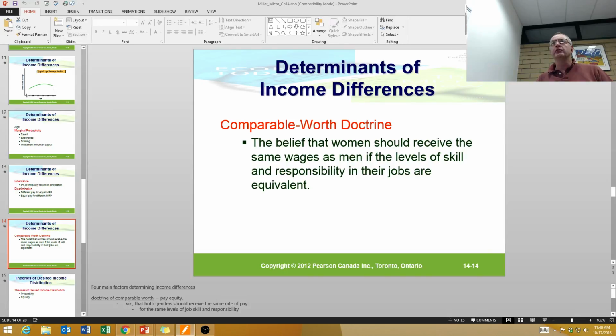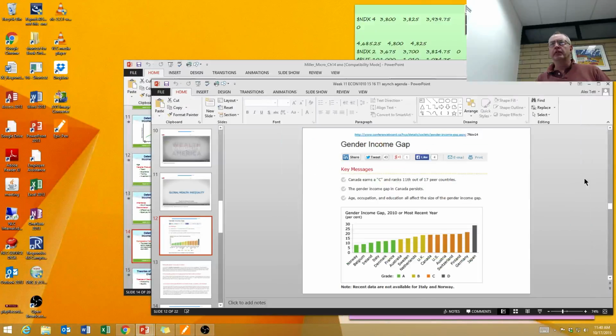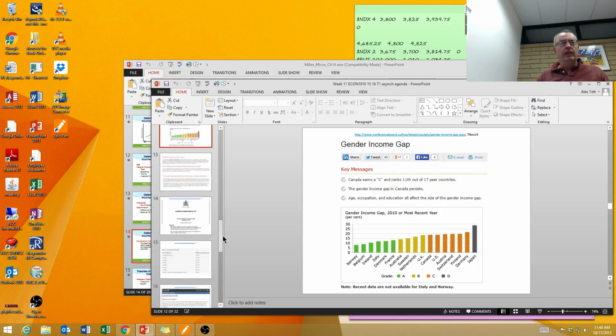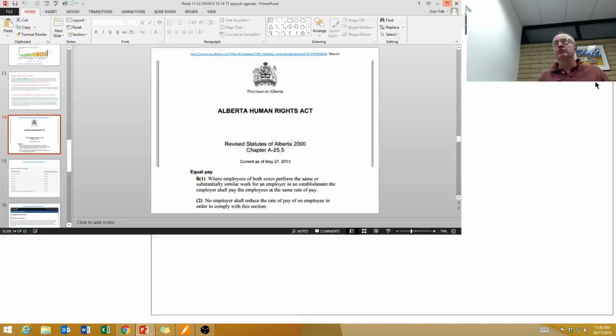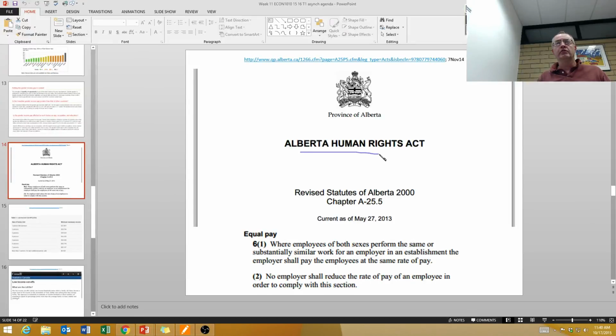So, for example, we're in Alberta. In Alberta, we have the Alberta Human Rights Act. The Alberta Human Rights Act says equal pay: where employees of both sexes perform the same or substantially similar work for an employer in an establishment, the employer shall pay the employees at the same rate of pay.